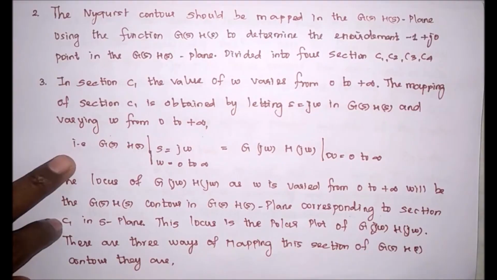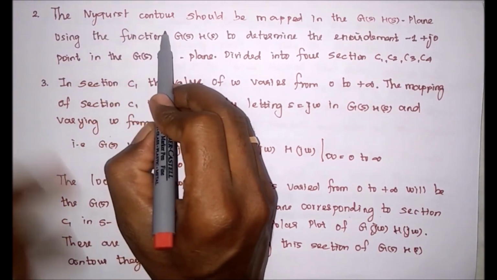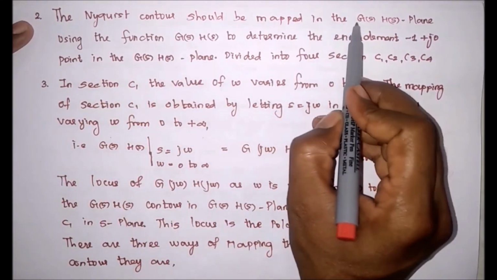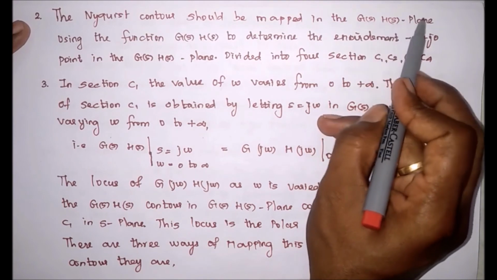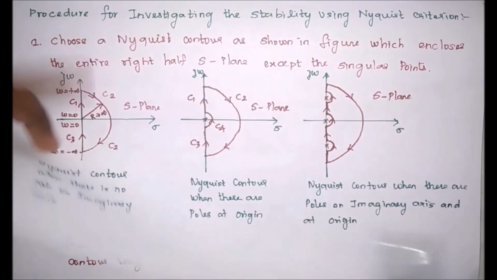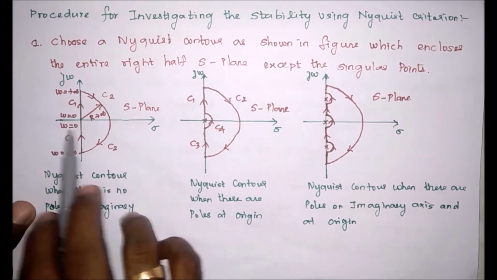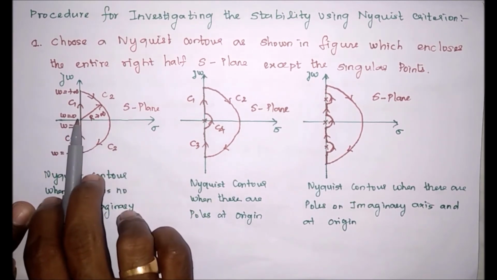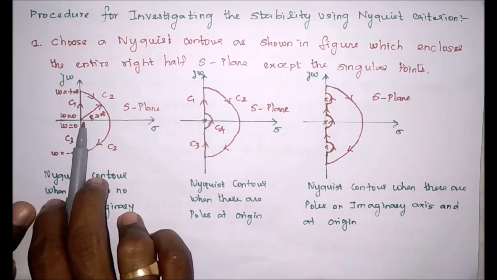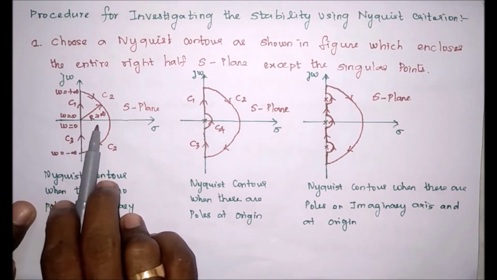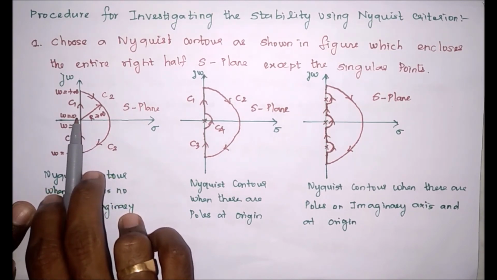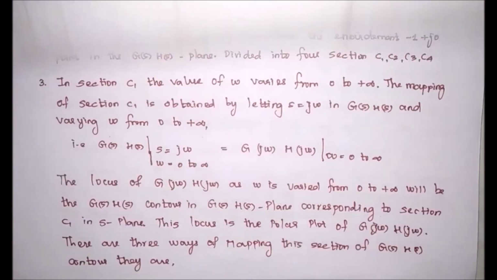Next, step 2: the Nyquist contour should be mapped in the G(s)H(s) plane. These are all the possibilities of the S-plane with the Nyquist contour marked. We have to convert the corresponding S-plane into the G(s)H(s) plane. This is the first case, second case, third case.